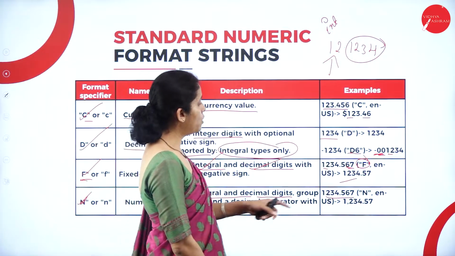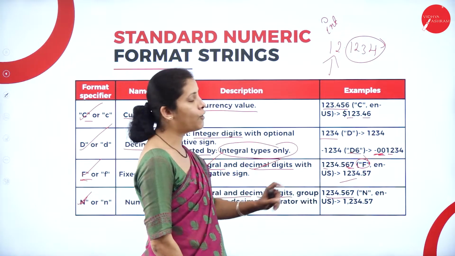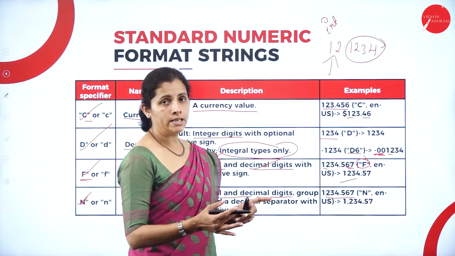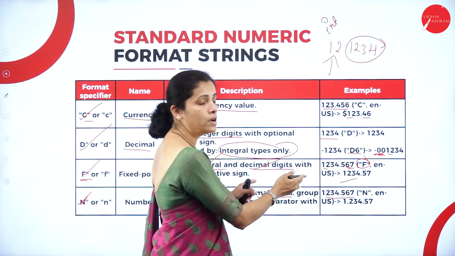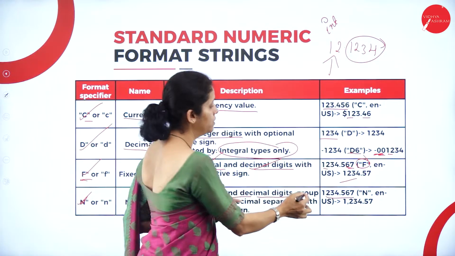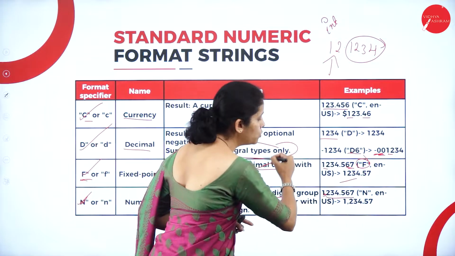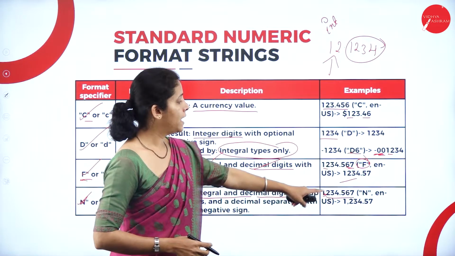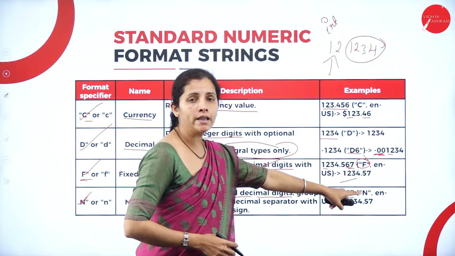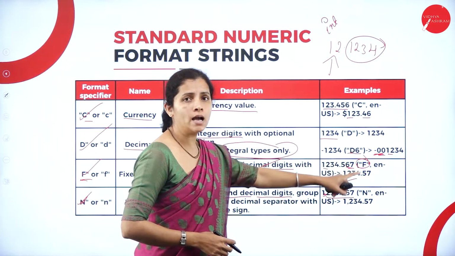Now I want to represent this in the form of rupees, that is 1234.57. So it is 1000. I want to use a group separator, that is comma. And see what is my format specifier, that is number.